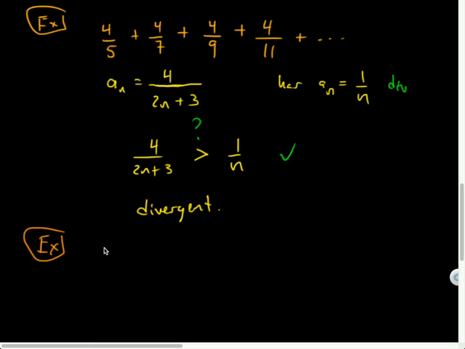Let's do another example. Let's do 1 over 1 squared plus 1 over 3 squared plus 1 over 5 squared plus 1 over 7 squared.